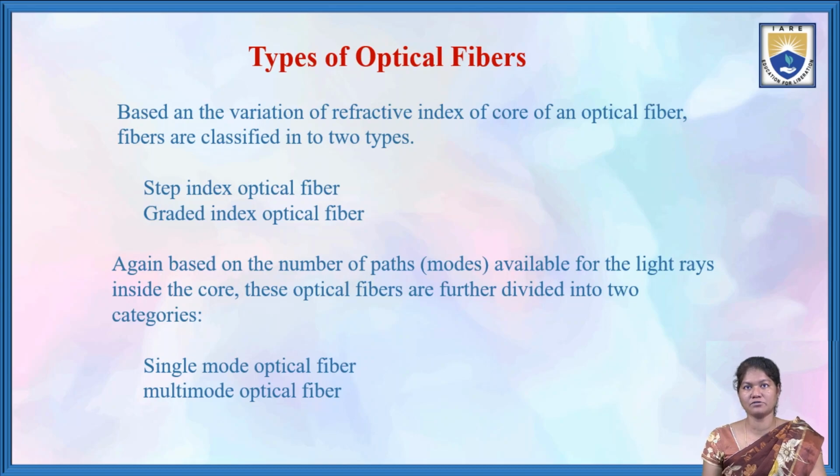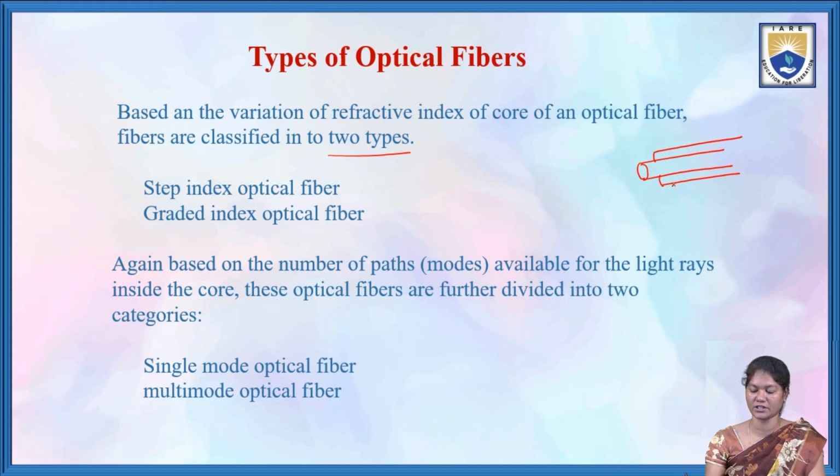Types of optical fibers. Based on the variation of refractive index of the core of an optical fiber, fibers are classified into two types. As we have seen in the previous session, in the construction of optical fiber there are three main parts: one is the core, another is the cladding, and surrounding the cladding there is the buffer jacket.